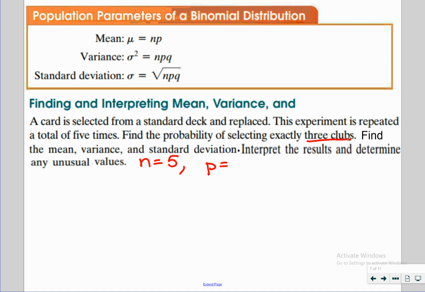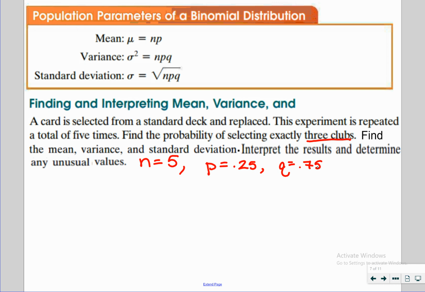So what's the probability of selecting a club? How many suits are there? 4 suits out of 52 cards. 13 over 52, or 1 out of 4, or 0.25. Q, probability of failure. 0.75. I like decimals here. You can, of course, keep the fractions if you want to.